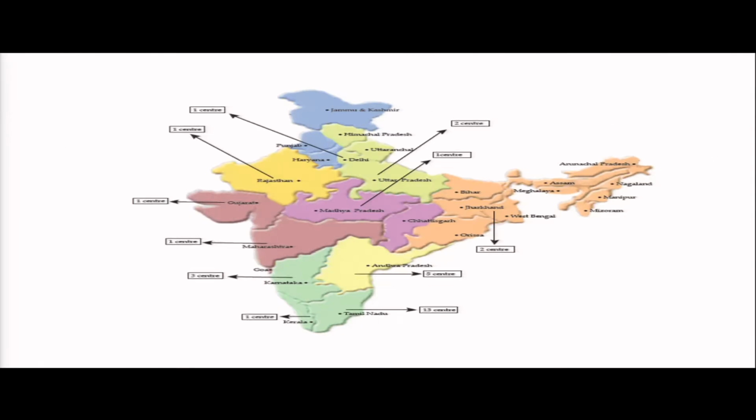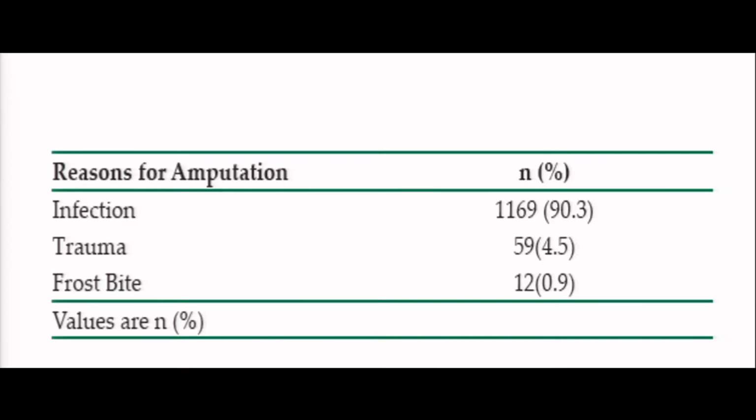The most important reasons for amputation were neuropathy and infection, 90%. Trauma is also due to neuropathy. So nearly 95% of the amputations were due to neuropathy.